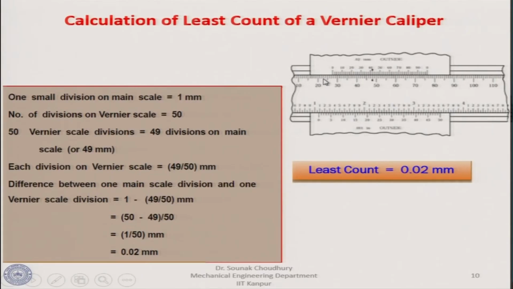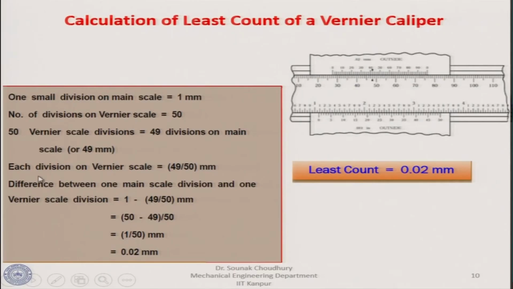Now, the number of divisions in the vernier scale, let us say these are 50, and 50 vernier scale divisions are equal to 49 divisions on the main scale. So, all 50 in the vernier will envelop 49 on the main scale.